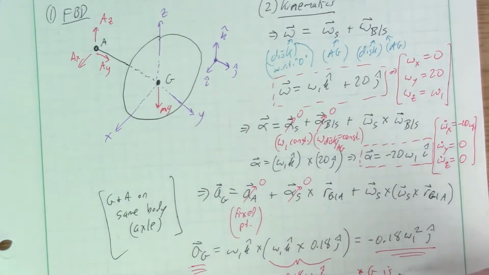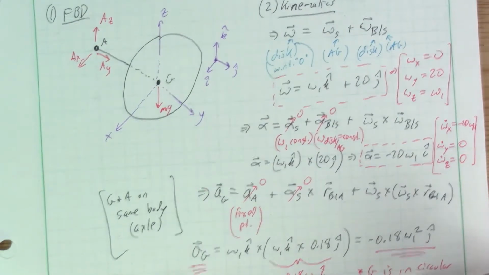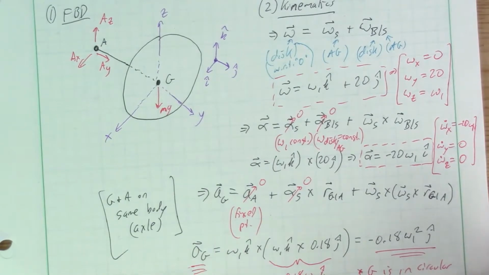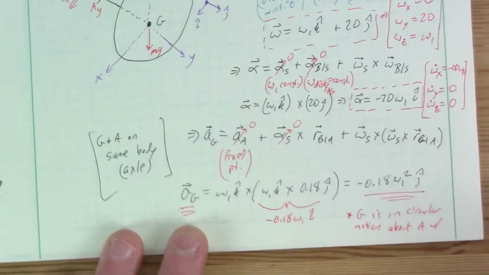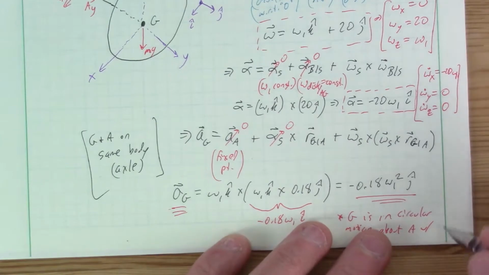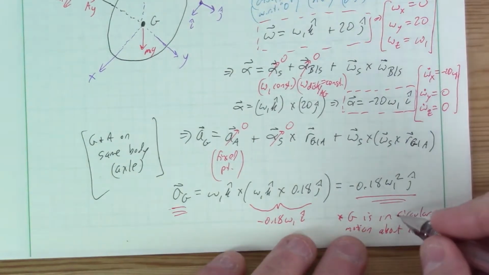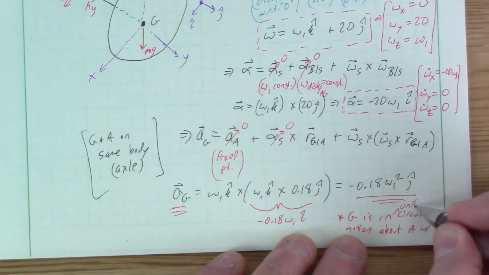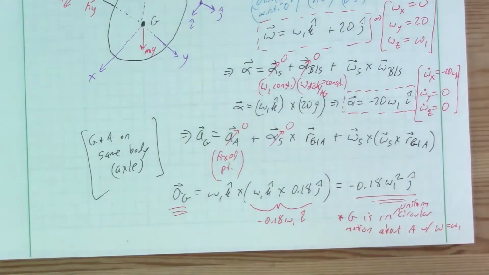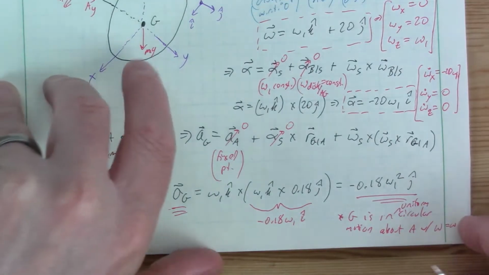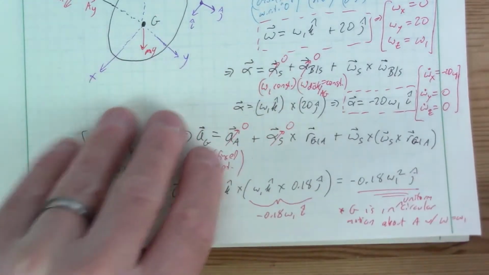G is in circular motion about A with an angular velocity of omega 1. So it's actually uniform because we're not accelerating that angular motion. So G is in uniform circular motion about A with angular velocity of the unknown omega 1 that we want to determine. Okay, just an observation.